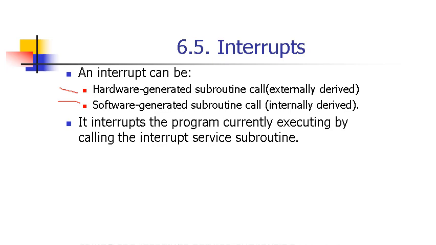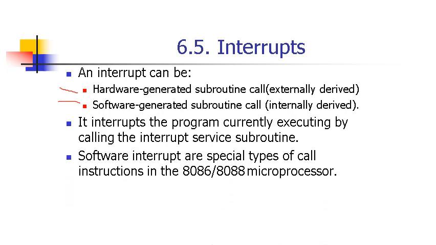And what interrupts do, similar to a subroutine, is stop the currently executing program and go to some specific address to run a code to perform a specific task. So they have calls, but different from the way we call subroutines. So they have special types of code.